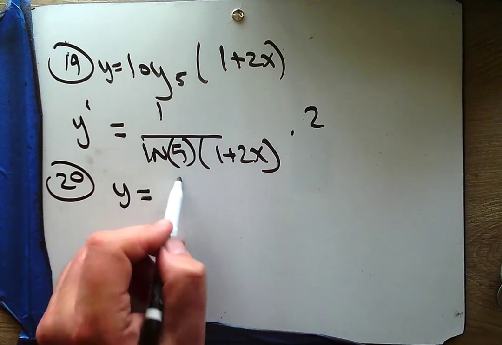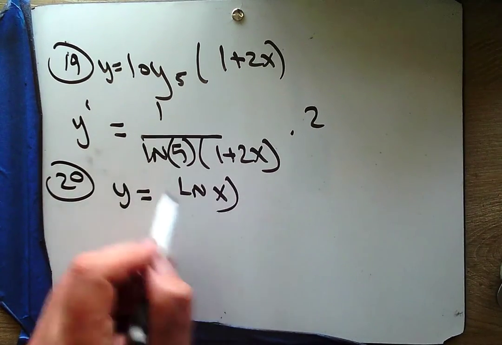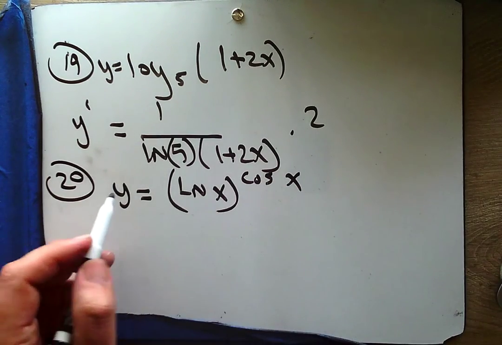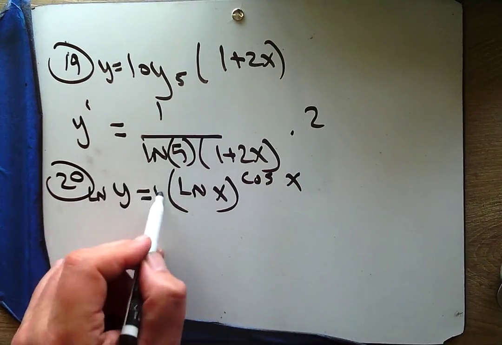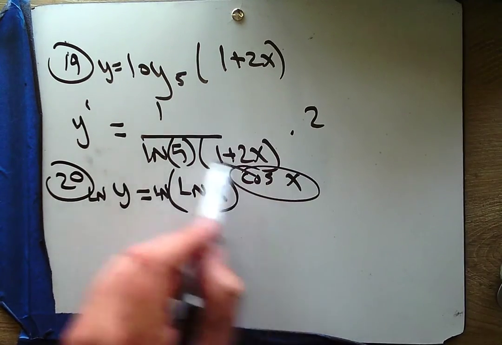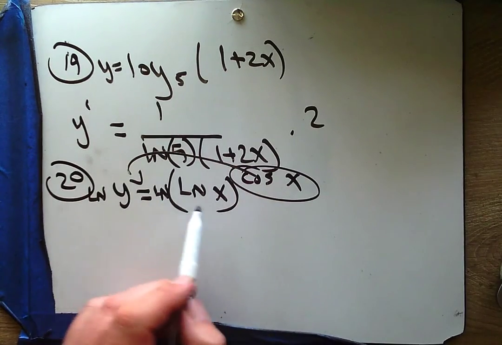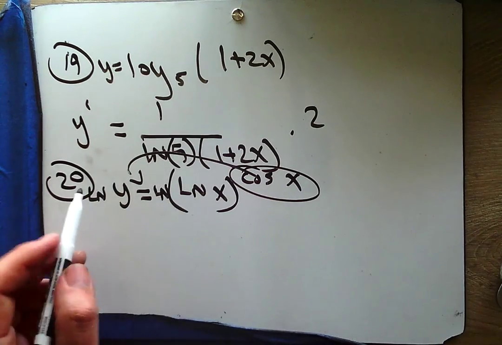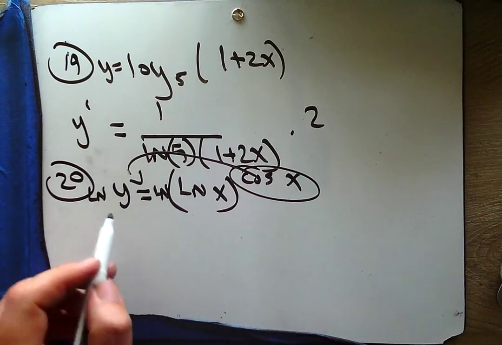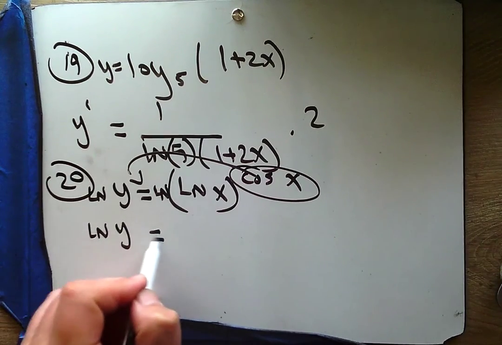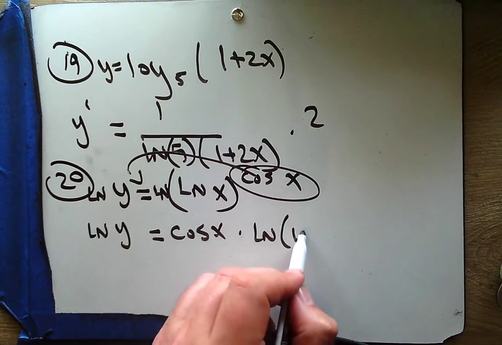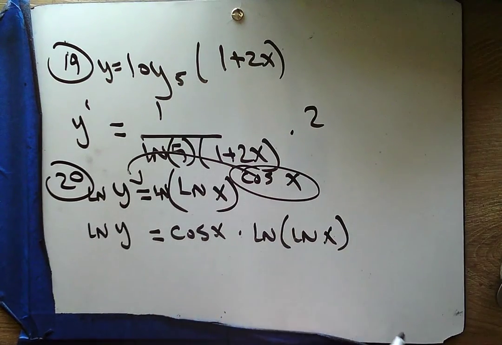20. y equals ln of x raised to the cosine x power. And of course, this is logarithmic differentiation. Now, these ln's don't cancel out, and no, they don't become ln squared. So, what do we have here? We've got ln of y equals cosine x times the ln of the ln of x.